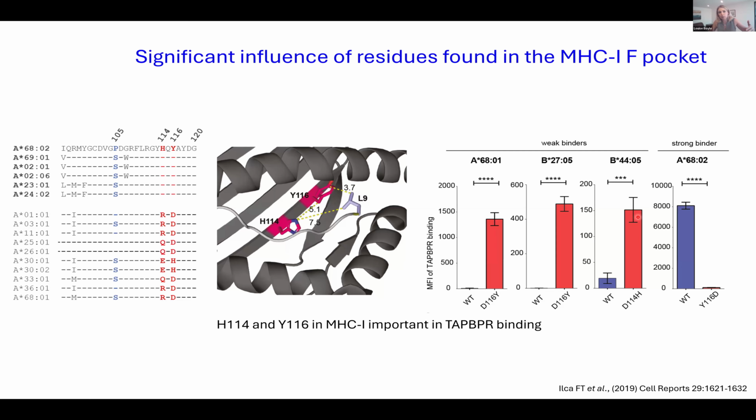In contrast, when we take HLA-A6802, which is the MHC class 1 molecule we've observed the strongest TAPBPR binding to, if we mutate the HXY motif by substituting the residue at position 116, we completely lost the ability of TAPBPR to bind to that class 1 molecule. So this demonstrates that there is a significant influence of this MHC class 1 F pocket in binding to TAPBPR.